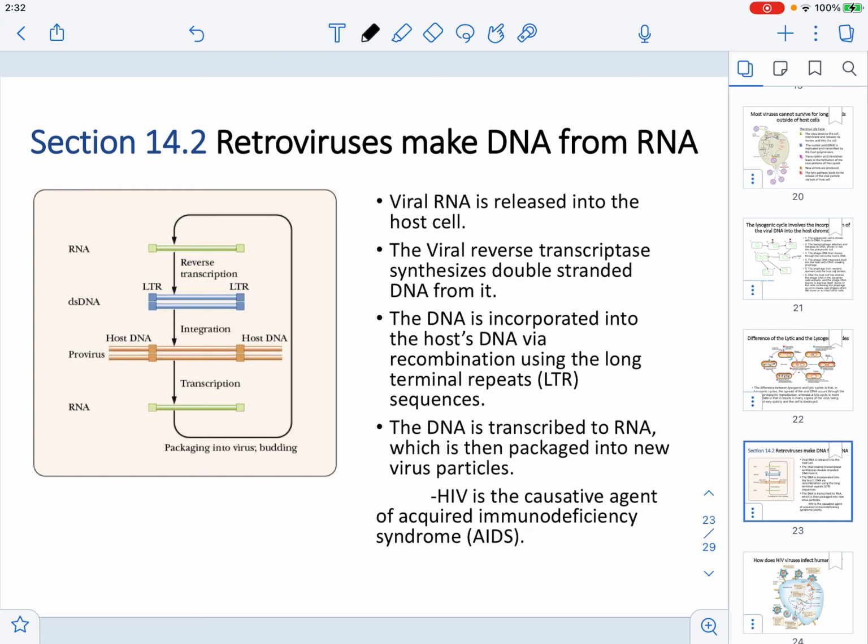After that, the DNA is going to be transcribed to RNA, which is then packaged into new virus particles. One of the well-understood retroviruses is HIV, which is the causative agent of acquired immunodeficiency syndrome, in other words, AIDS.